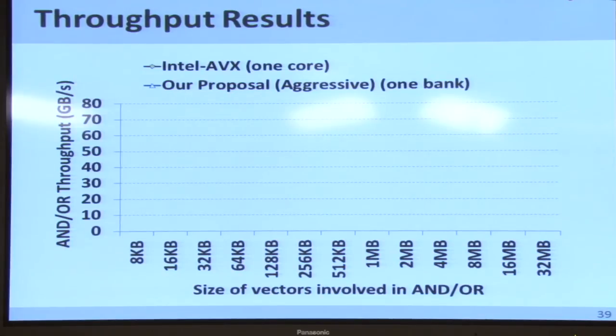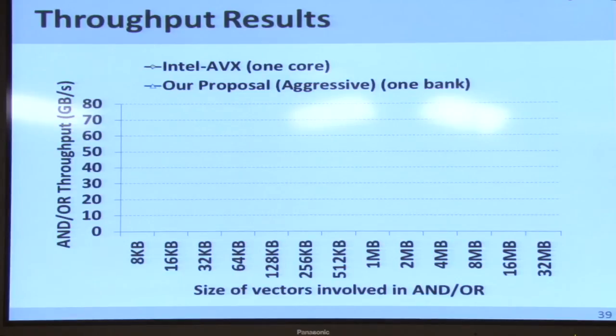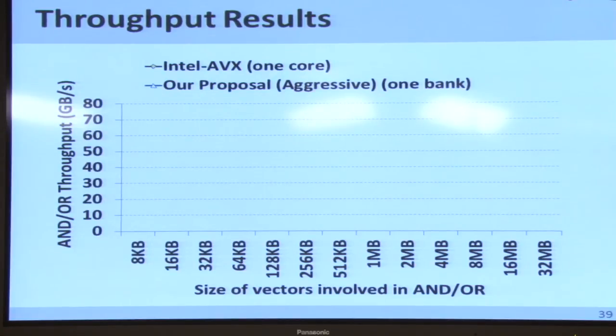As the size increases, what do you expect to happen? Is the question clear? This is the size of the vector involved in the operation, and I'm repeatedly doing it on the same set of vectors. If the size was 8 kilobytes, I create one vector of 8 kilobytes, another vector of 8 kilobytes, A and B, do a bitwise AND of those 2 vectors and store the result in C, running this in a loop 1,000,000 times.